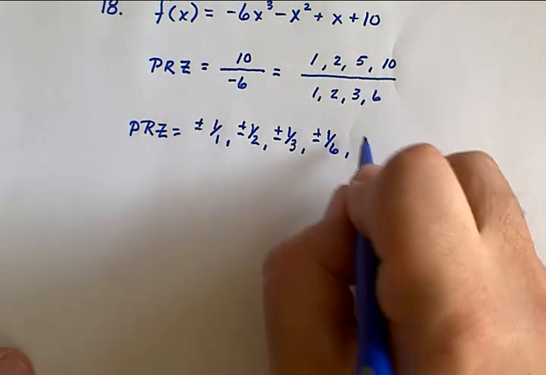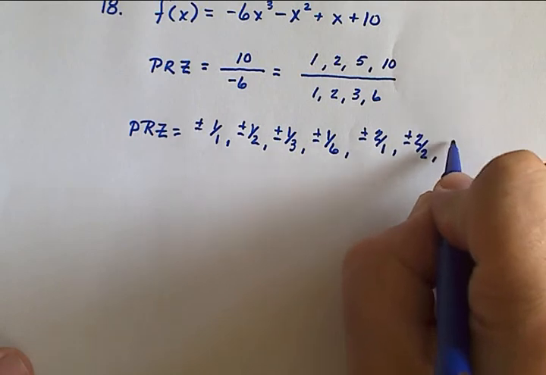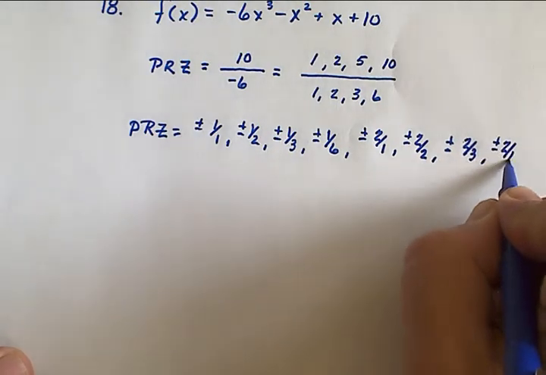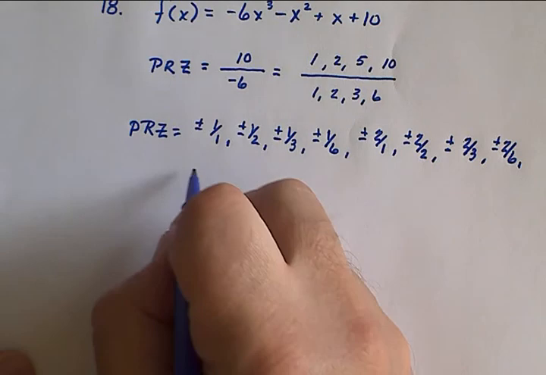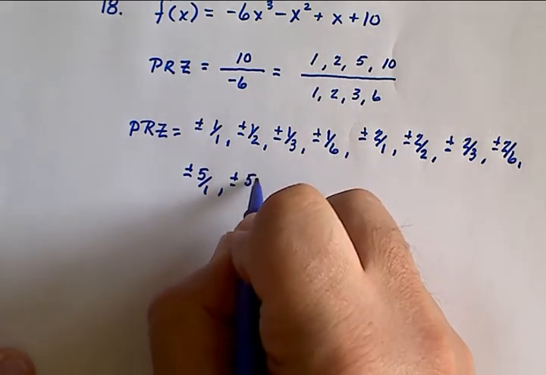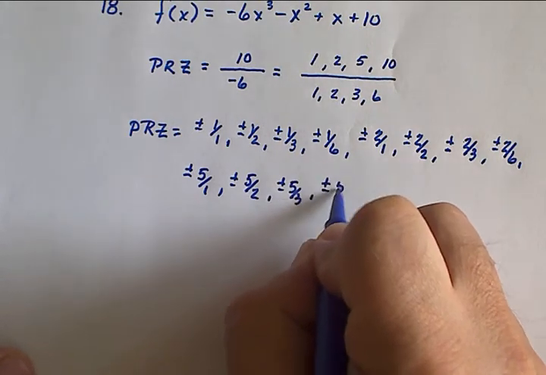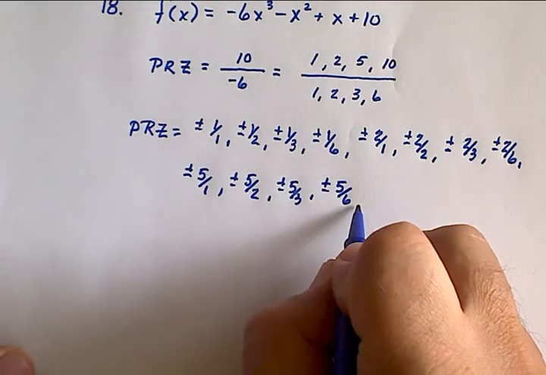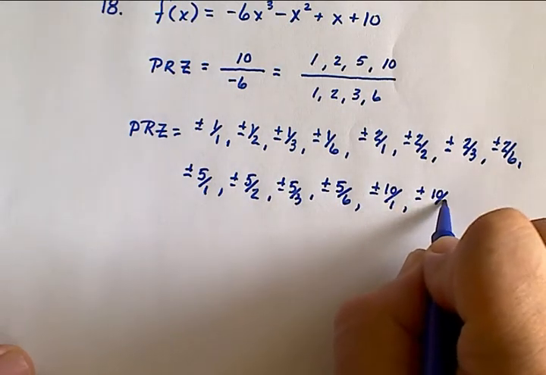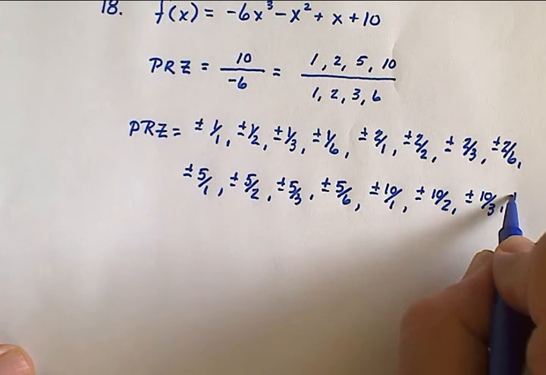So, plus or minus 2 over 1, plus or minus 2 over 2, plus or minus 2 over 3, plus or minus 2 over 6, plus or minus 5 over 1, plus or minus 5 over 2, plus or minus 5 over 3, plus or minus 5 over 6, and then finally plus or minus 10 over 1, plus or minus 10 over 2, plus or minus 10 over 3, and plus or minus 10 over 6.